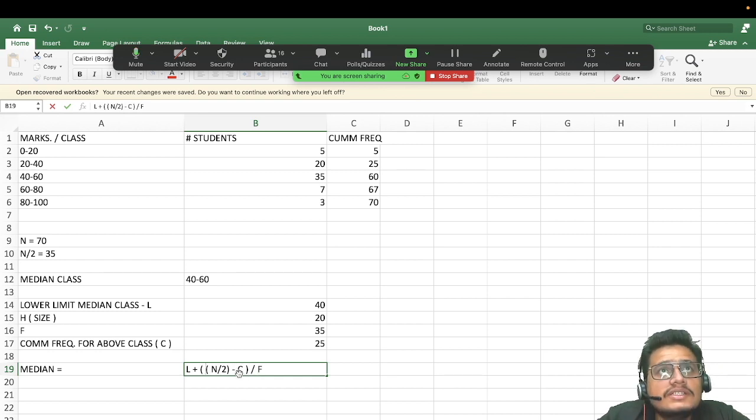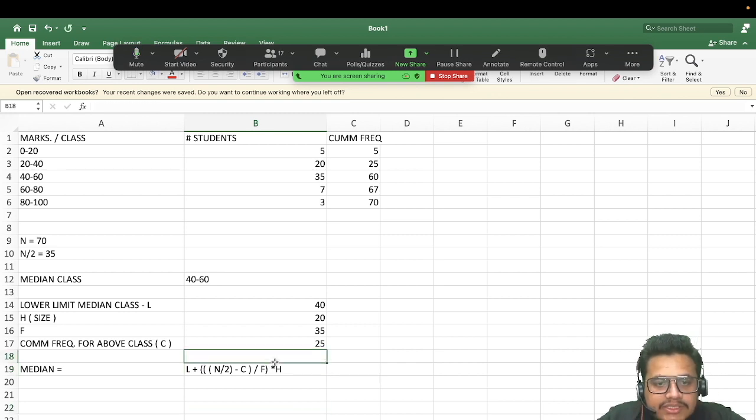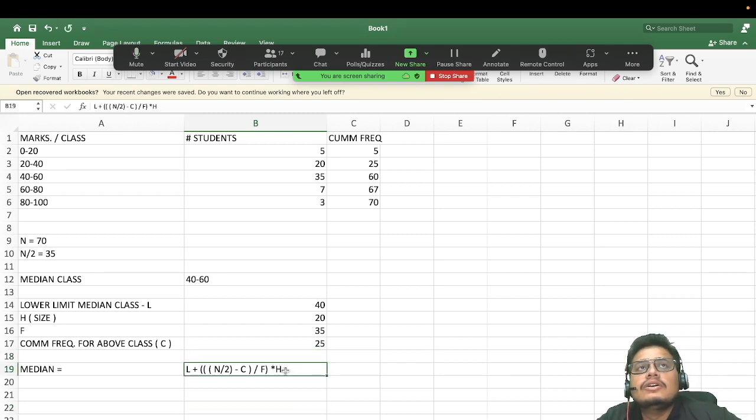So this is the formula. So when we'll do this, okay, so we will get the median of this class.